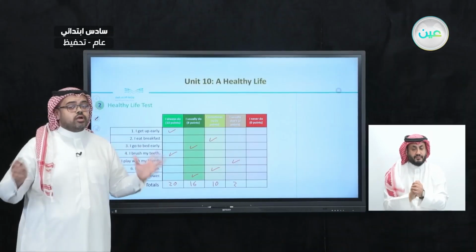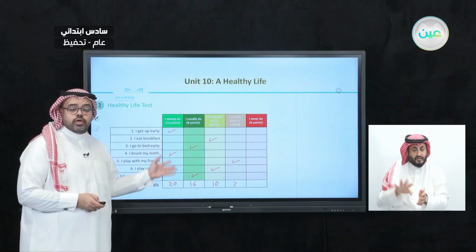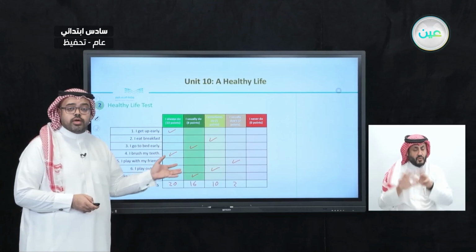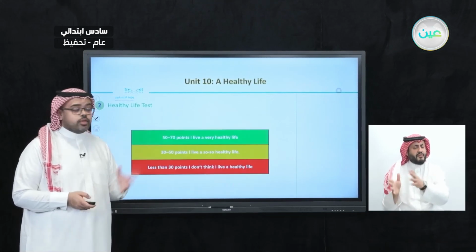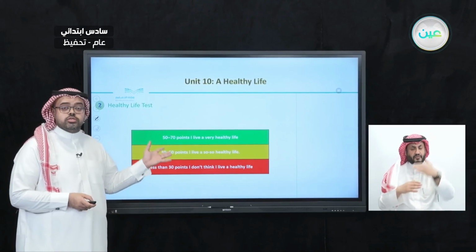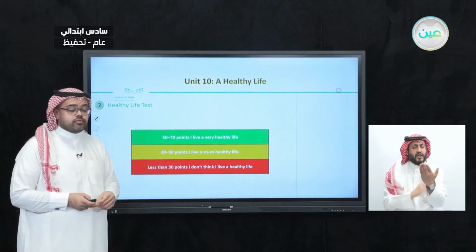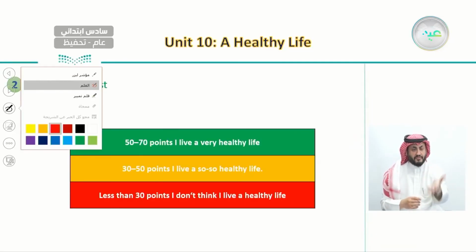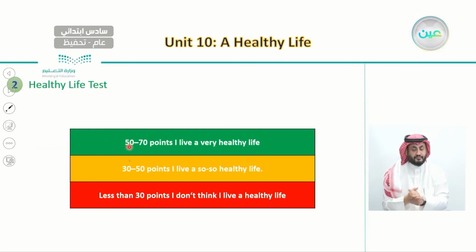So after I count all of the points I made, what is left? Here we have what will determine if we have a good life or not. So if you got from 50 to 70 points, then you are living a very healthy life.